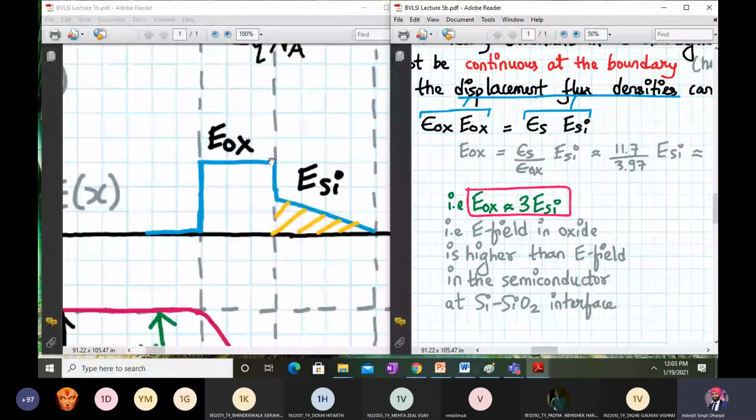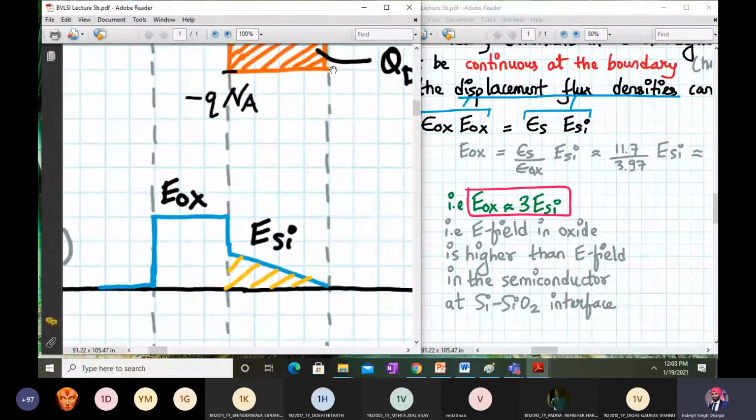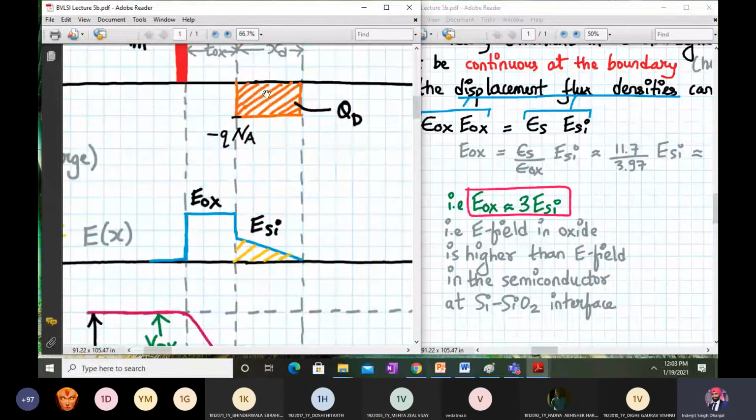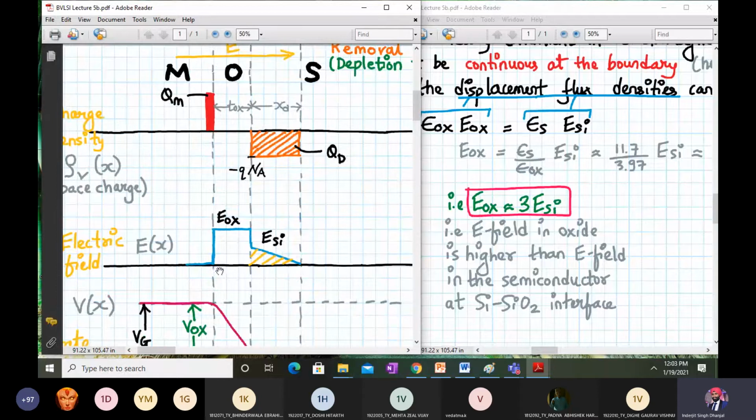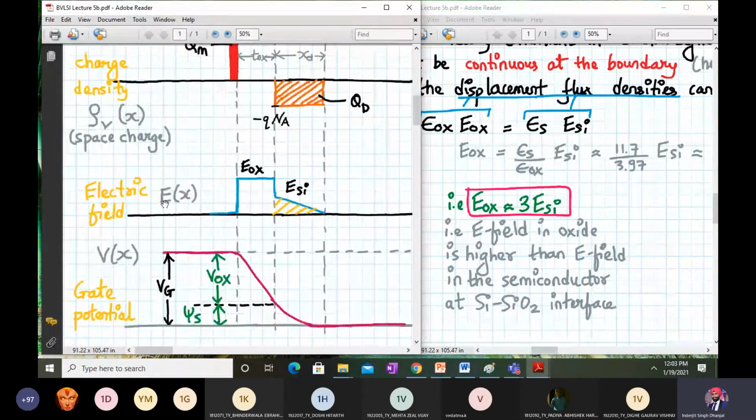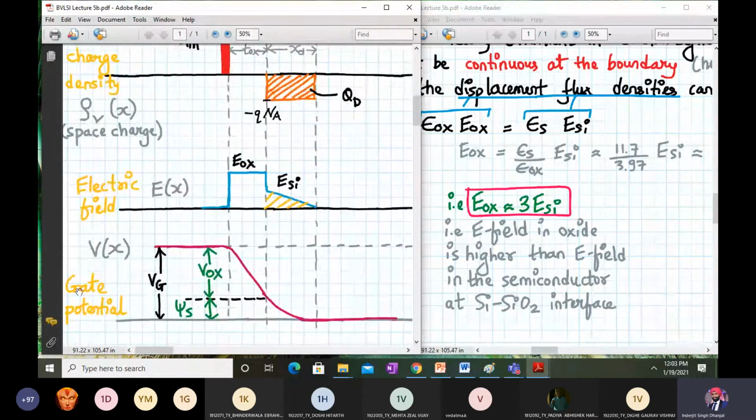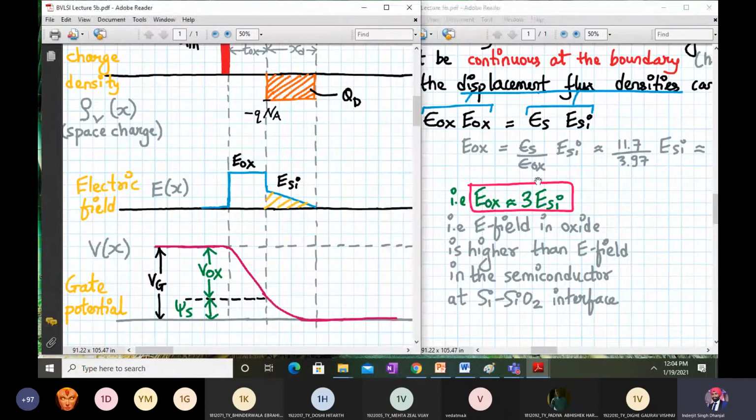Integration of a straight line will be a negative-going line, but with a lesser area because of the negative charge. Now that we know the electric field E of x, we can determine the gate potential, that is V of x. How do we do that? We have to integrate it further.